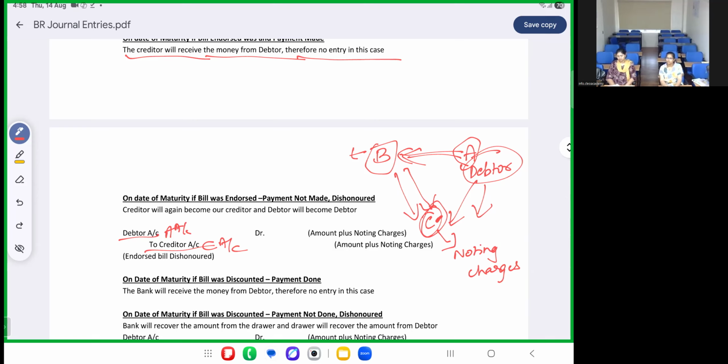So we will recover from A. From the debtor, we will recover the amount plus noting charges, and to the creditor, we have to pay the amount plus noting charges. So, A account to C account, endorsed bill dishonored.